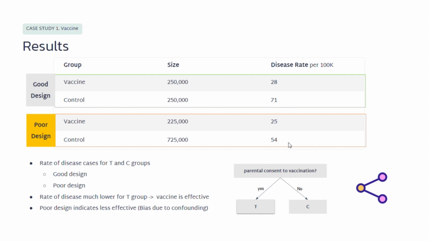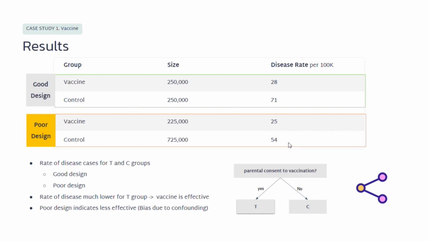Okay, because it is obvious that the rate of incidence of polio cases, the disease cases, for the vaccinated group is lower compared to the control group, both in the poor design and in the good design. However, there is something to note here.